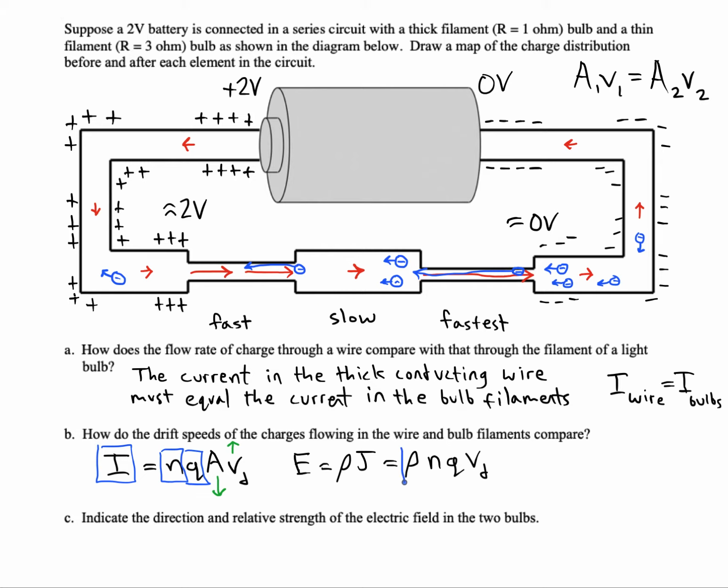So if we assume that the resistivity and the N and the Q remain constant, then as our electric field goes up, the drift speed goes up proportionally as well. So as long as our bulb filaments and the conducting wire have a similar resistivity, then we expect the drift speed to go way up in the thin sections.